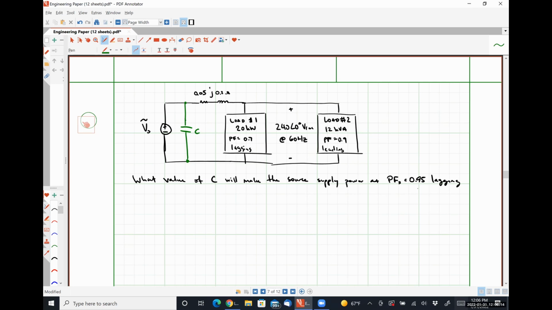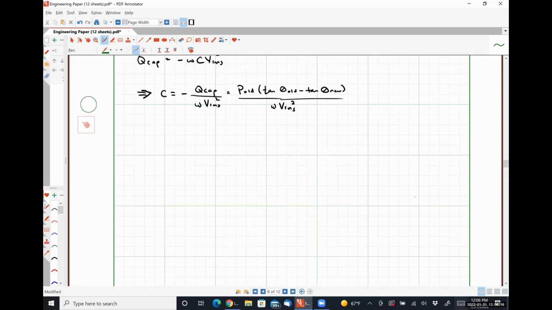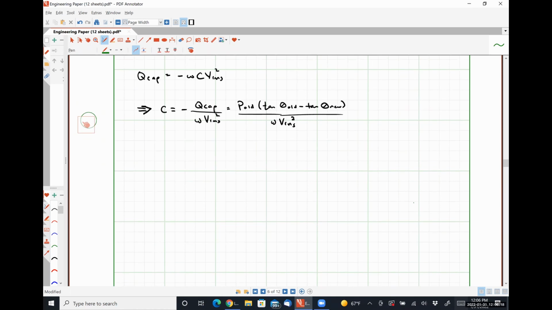If we look at our equation here, I'm going to scroll back. Let's figure out what we need to determine. Do we know P old? No. Do we know theta old? Also no. Do we know theta new? Pretty much. Do we know omega? Yeah, pretty much.